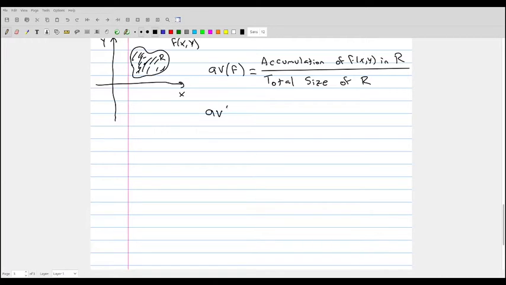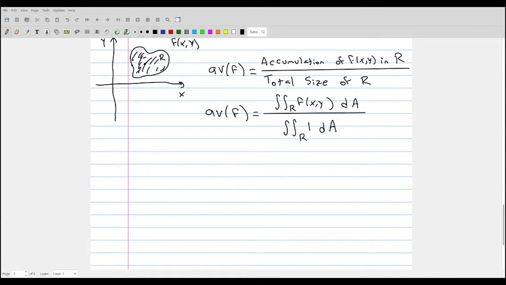Specifically, the average value of f is going to be equal to the accumulation of the function, which is just the double integral of the function over the region R, and the size of a two-dimensional region is going to be the area of that region, or as we showed last lecture, just the double integral of the constant function 1 over that region.